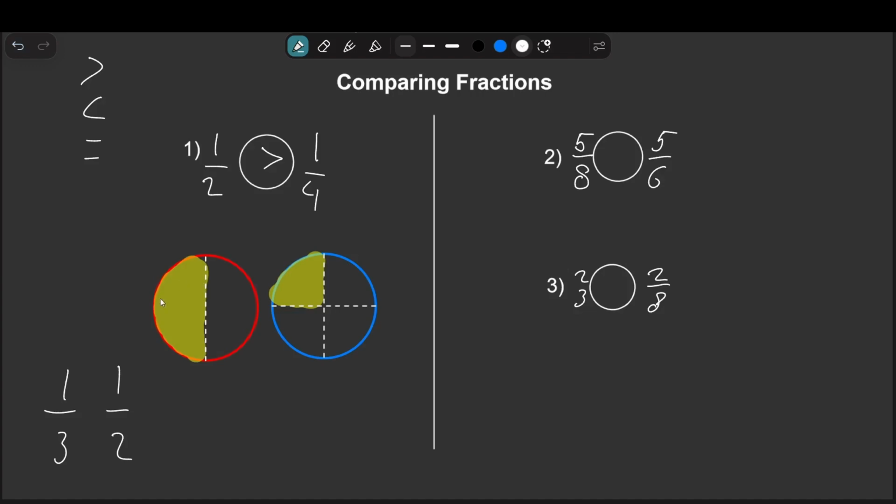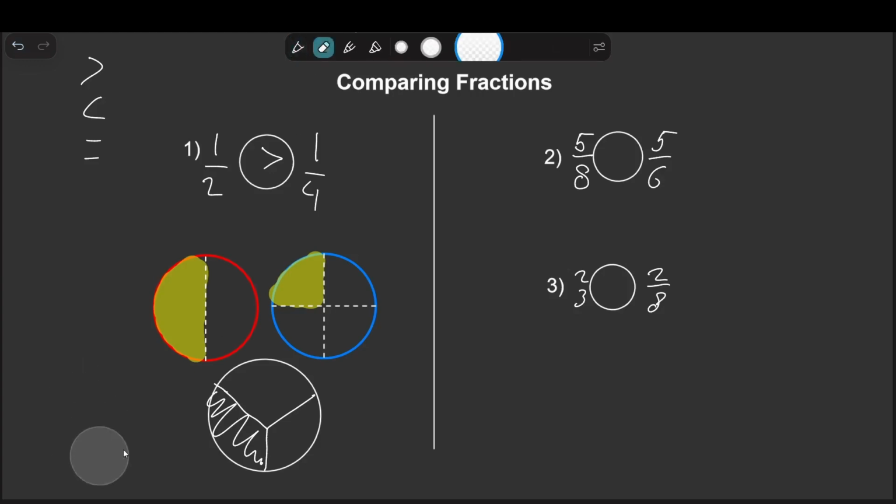We know 1/2 looks like this, so I'm going to draw 1/3. 1/3 would be this. You can visually see the 1/2 is bigger than the 1/3, because when comparing denominators, if the numerators are the same, we pick the smaller denominator to be greater. So 1/3 is smaller than or less than 1/2.